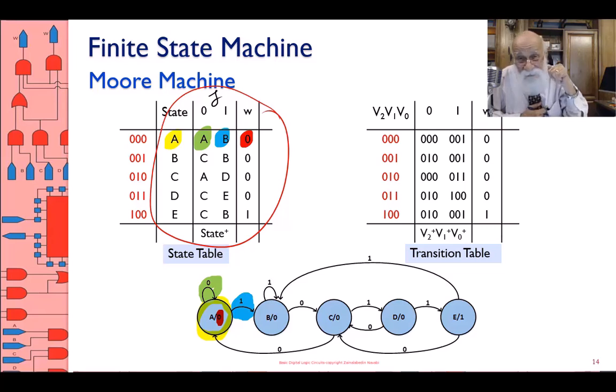What is still preventing me from turning this into a Karnaugh map? Karnaugh maps have zeros and ones in them. What do I have here? I have A's and B and C and D. That's not a Karnaugh map. So let's make an assignment to each state.